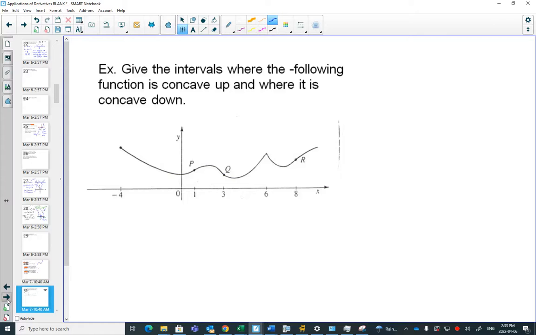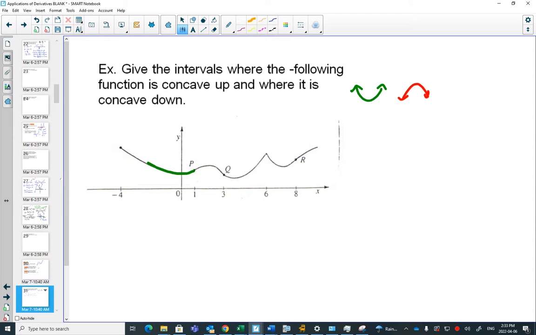So we will label concave up in green and concave down in red, or you can choose whatever color highlighter you would like. And then you can figure out which ones are our points of inflection. So this section, oh, that's not green. There we go.